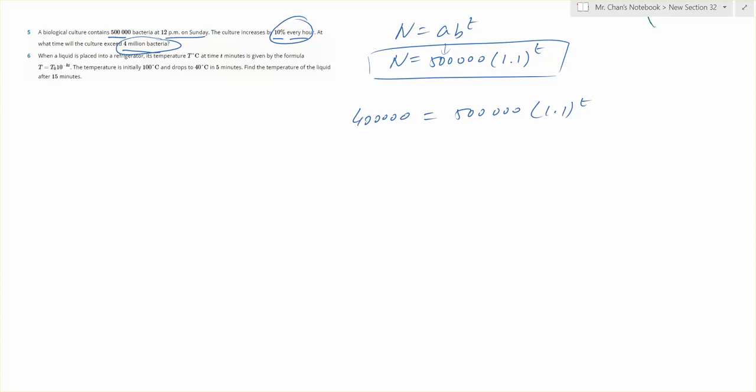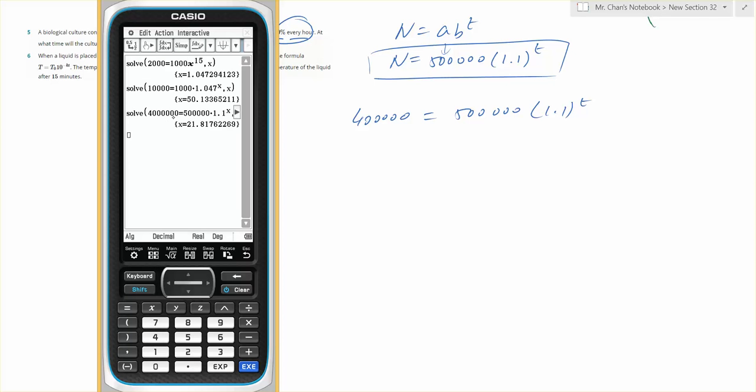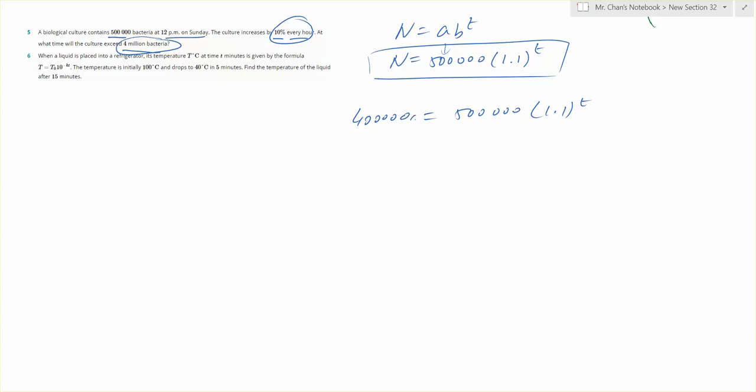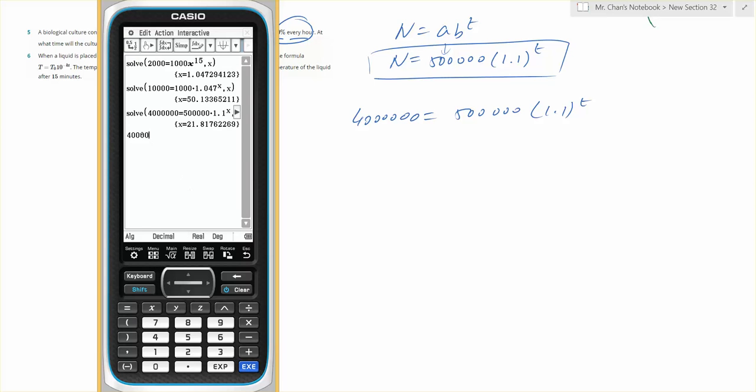So simply stated, we need to find when the population, in terms of hours, does the culture reach 4 million?